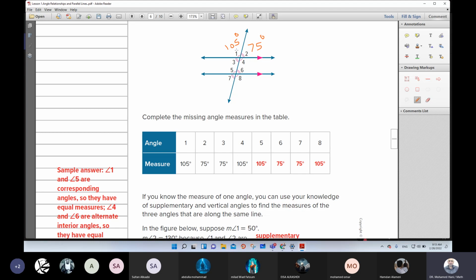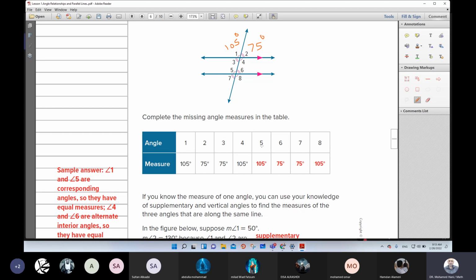Angle 3 is a vertical angle with 2, so angle 3 has the same measure as angle 2, so also 75. Angle 4 is a vertical angle with 1, so the measure of 4 equals the measure of 1, 105.